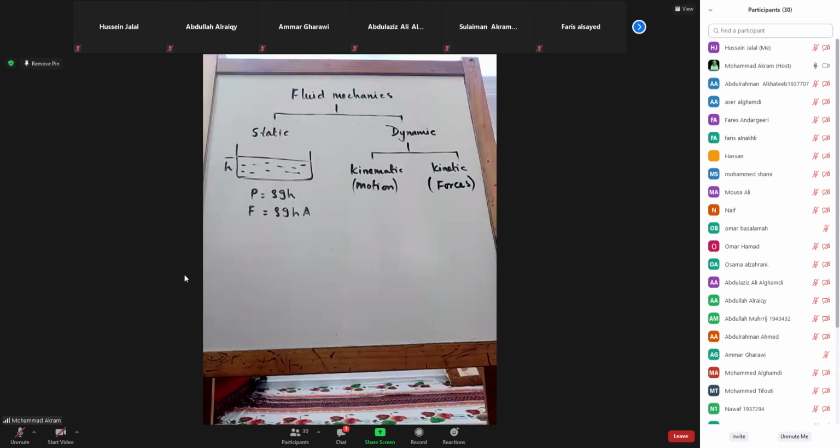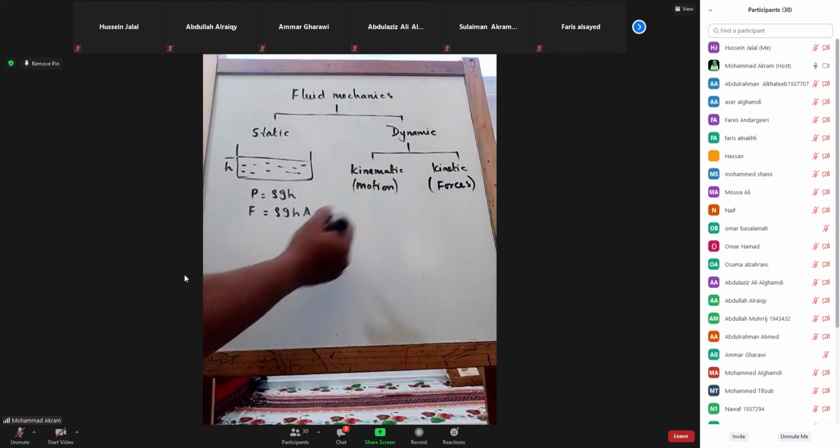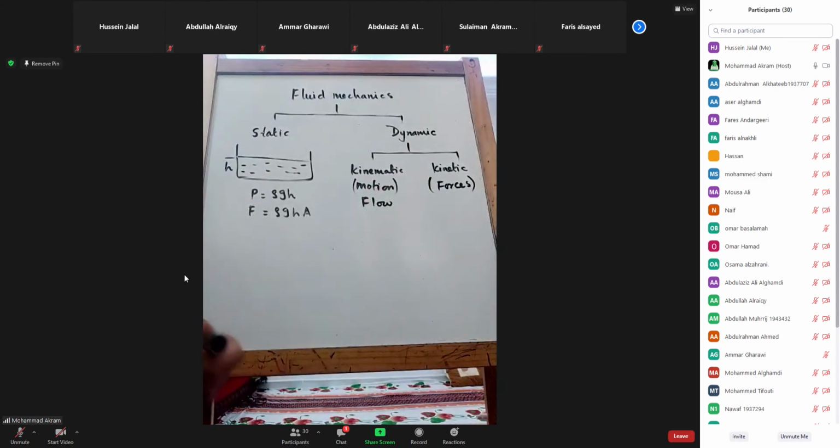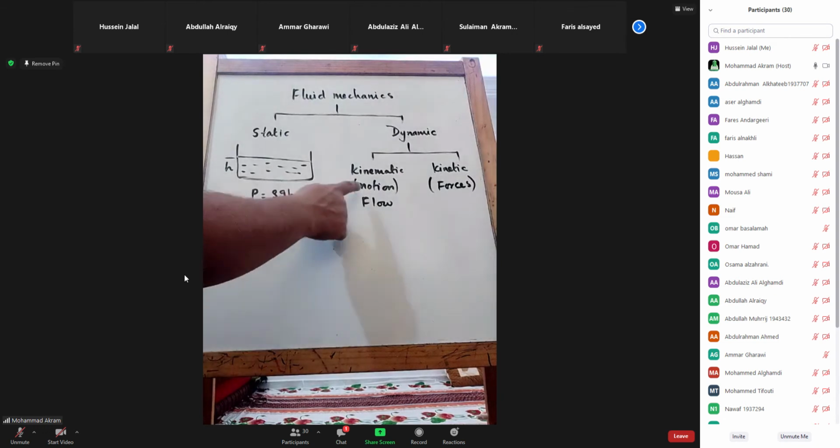Or you can say it is related to just flow. Kinematics of fluid: what comes in the motion?